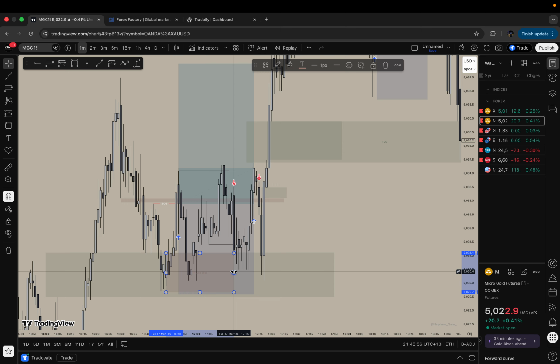Yeah, this kind of area here, this kind of order block, but I would even hesitate to consider it an order block just because it's a low probability order block if you ask me. But again, we get that sweep of these lows as well as these 1 minute lows down here.